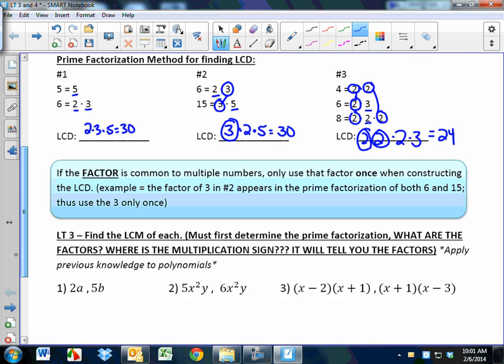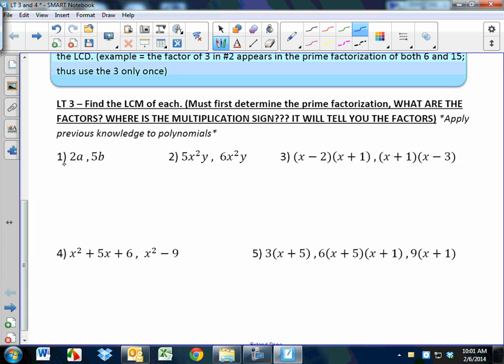All right, so that's how I'm going to actually do the problems for Learning Target 3, by writing out the prime factorization, or at least writing out what they will have in common, and then only using what they have in common once. So when I'm thinking about 2a and 5b, I'm thinking, does a 2 and a 5 have anything in common, factors in common? No. So I'm going to write 2, and I'm going to write 5.